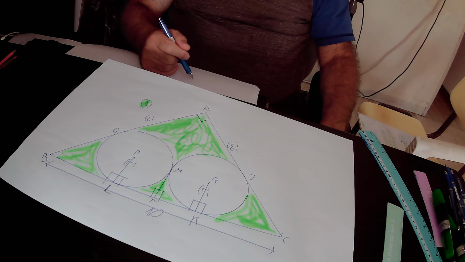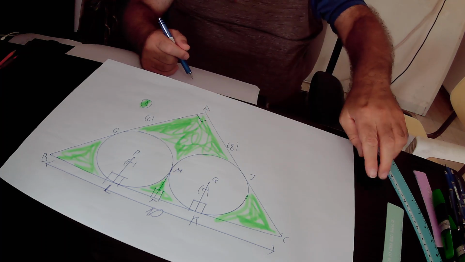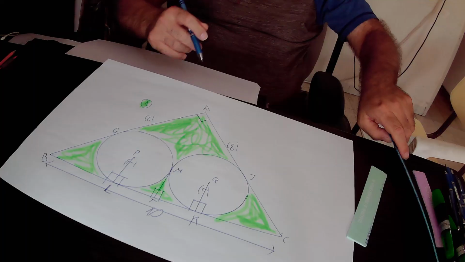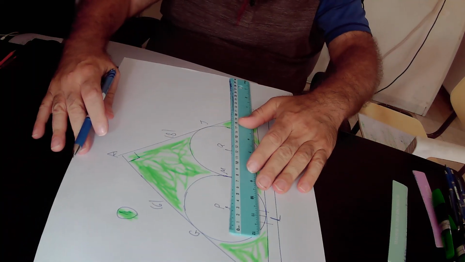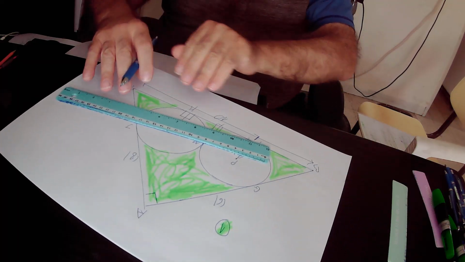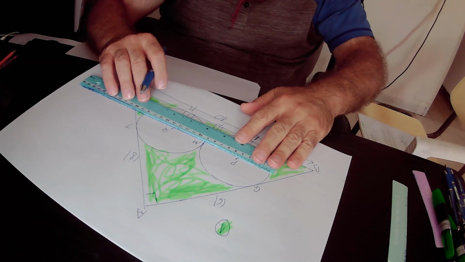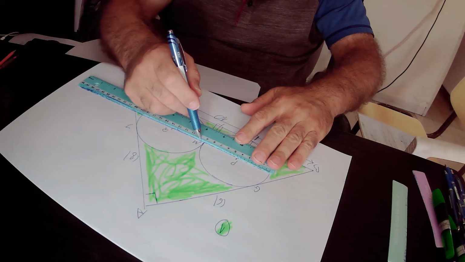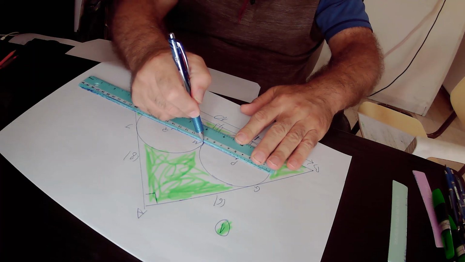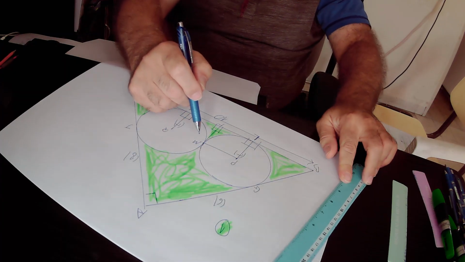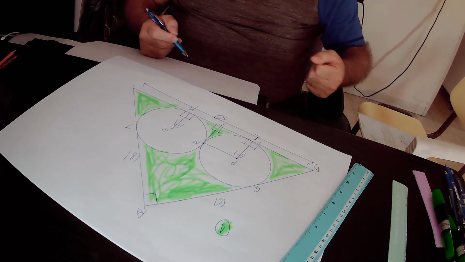In the next step, we join points P and M together by a straight line. We define the radius of one circle as x.